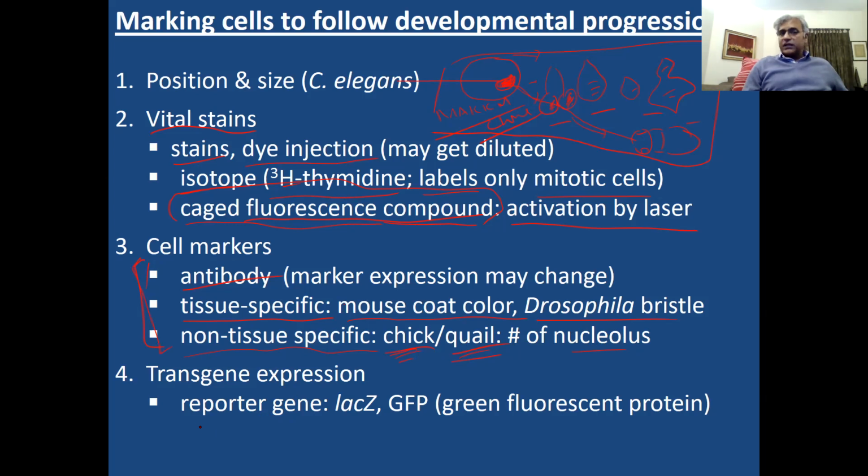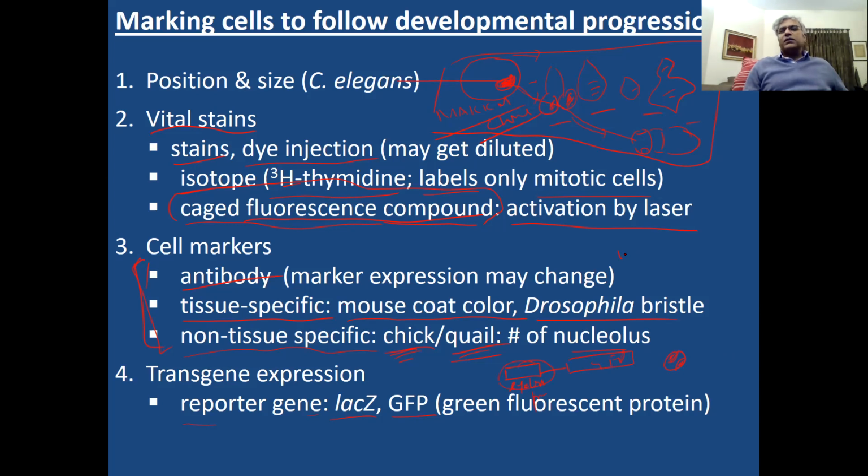Also, you can use transgenic markers. You can use LacZ, GFP, luciferase, etc. For example, as we were just talking about, you can use the eye-specific promoter and clone GFP. Now, your flies' eyes will become GFP positive, because this promoter will only be active in eye tissues.